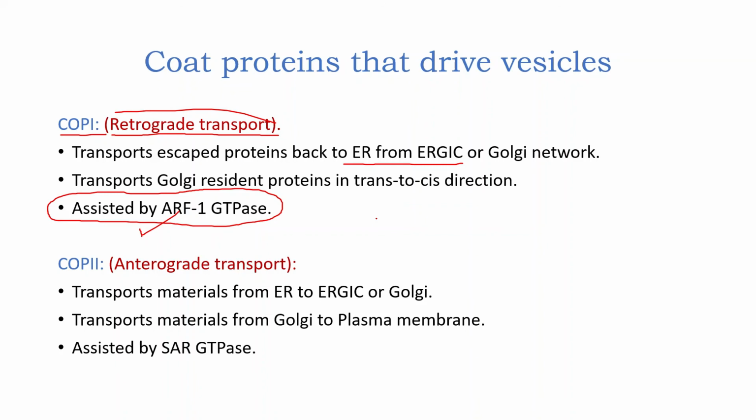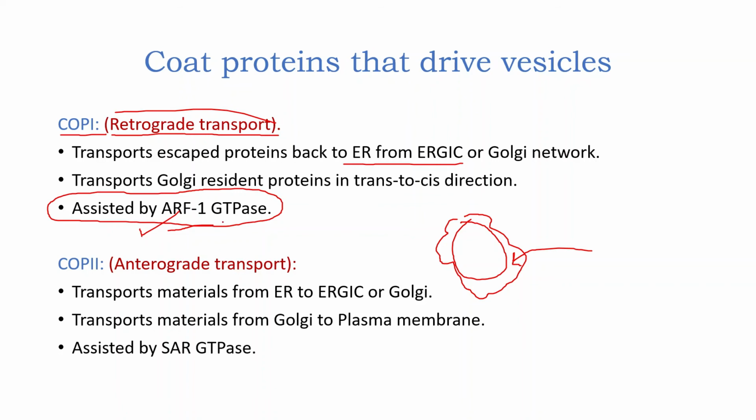Understand it in this way, that when a vesicle forms, some coat proteins have to assemble outside the vesicle. And what brings these coat proteins onto the vesicle? An adapter protein brings these coat proteins onto the vesicle. So the adapter protein which recruits COP1 coat protein is called ARF1 GTPase.